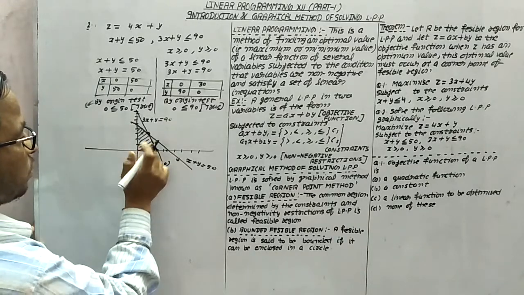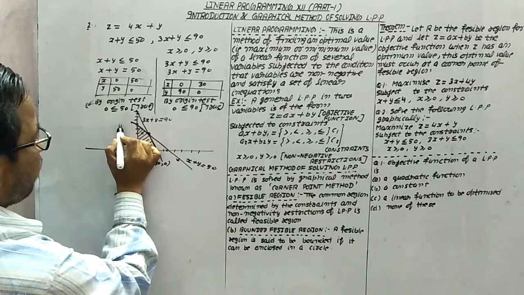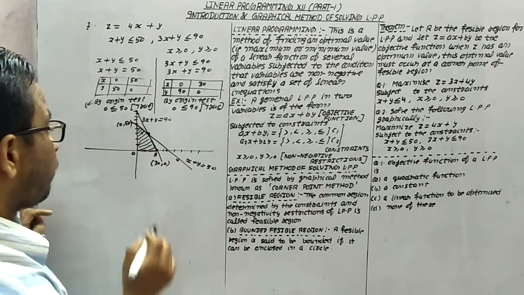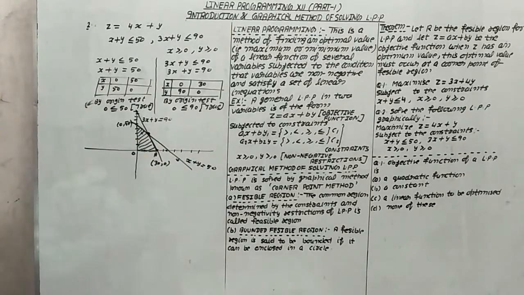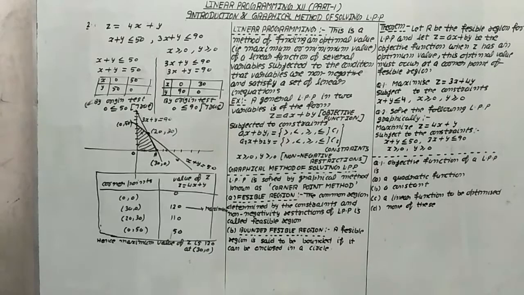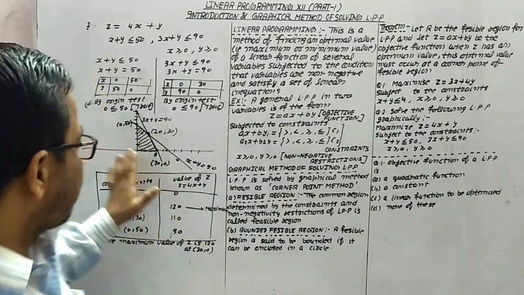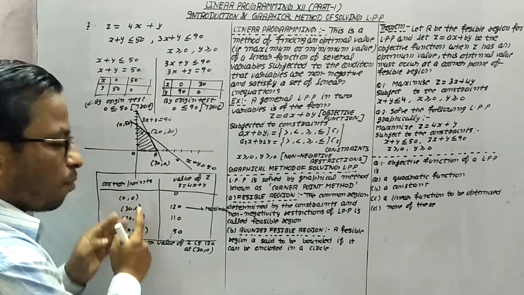This point we have to calculate, and it will come 0, 50. Once we draw the perpendiculars, we will get the value of this point, which will come 20, 30.